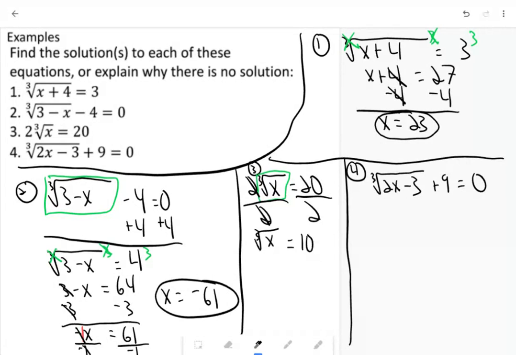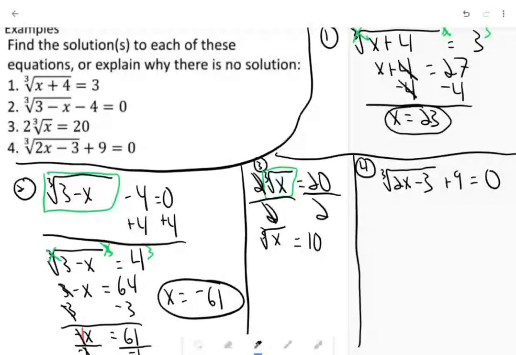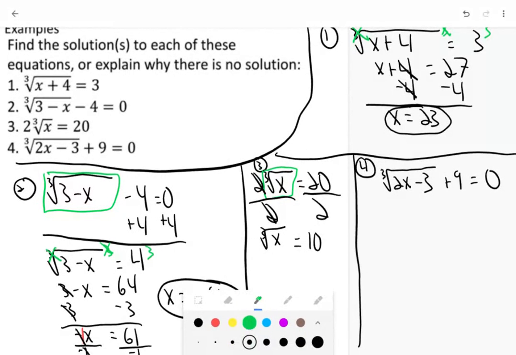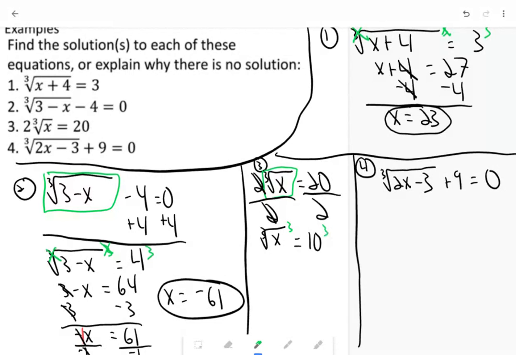Now I can go ahead and cube both sides, and I end up with x equals 10 cubed. 10 times 10 is 100, times 10 is 1,000. So x equals 1,000.